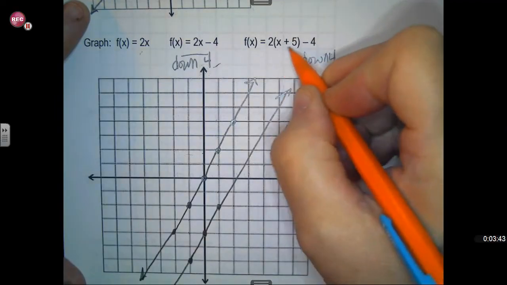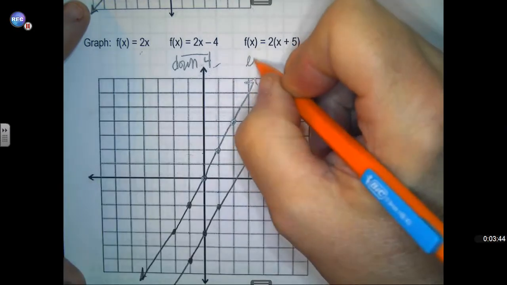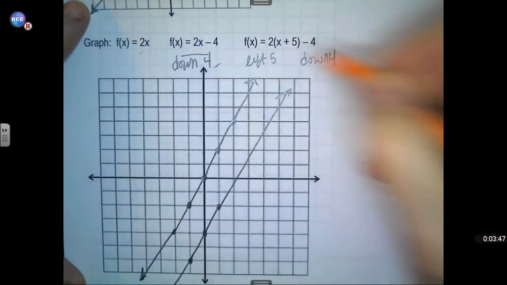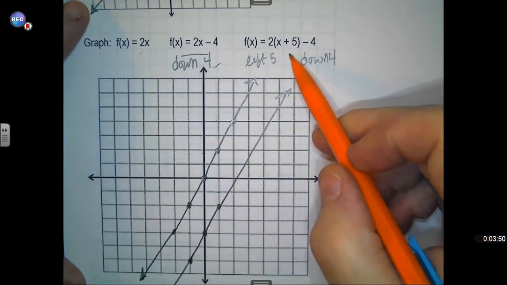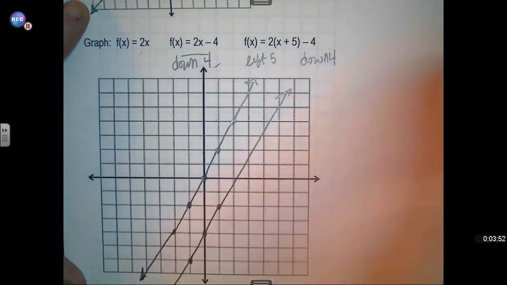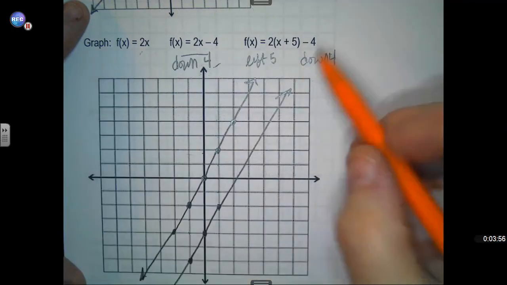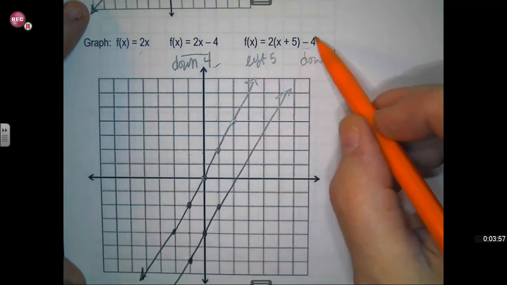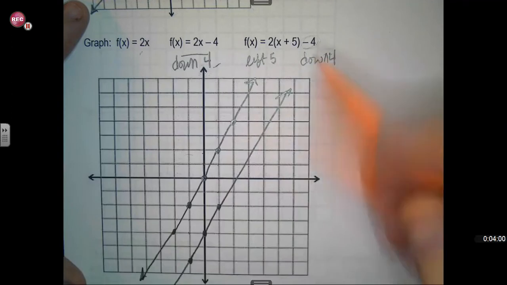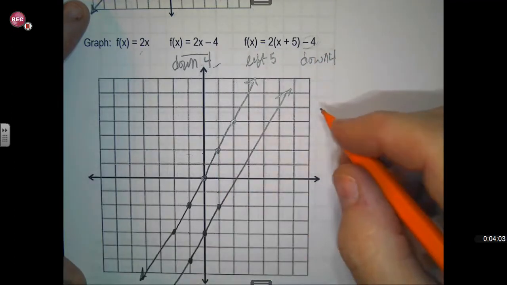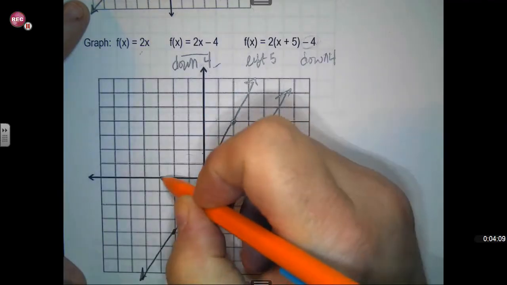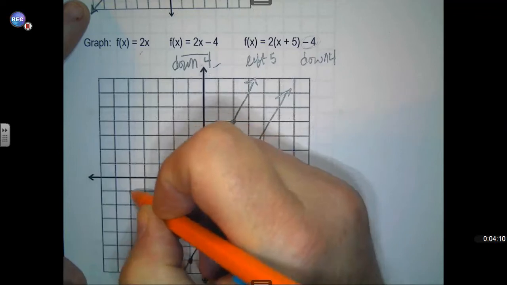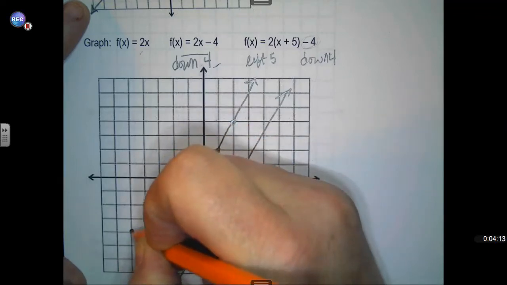Then if I look at the next graph, it's going to move down 4, but this plus 5 is going to move it to the left 5. So I take the opposite of what's in the parentheses, and that's going to move the x value right or left. And then I take the same as what's out here, and that's going to move the function up or down. Now I just need to take each point and go to the left 5 and down 4.